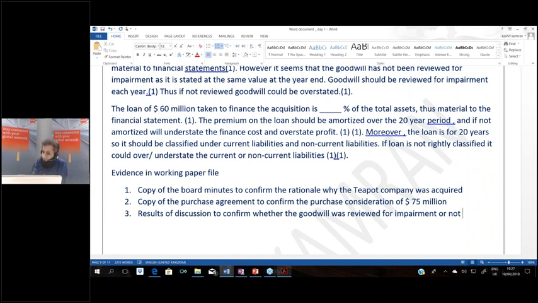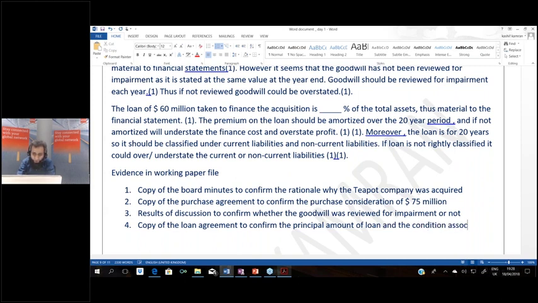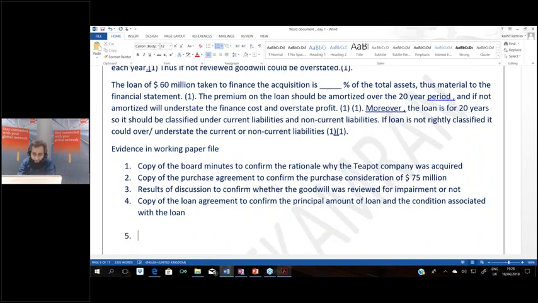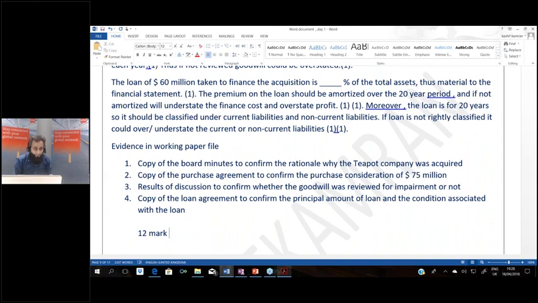And then last, I'll say copy of the loan agreement to confirm the principal amount of loan and the conditions associated with the loan. And I made my 12 marks so quickly. Just under 7-8 minutes, I made my 12 marks.